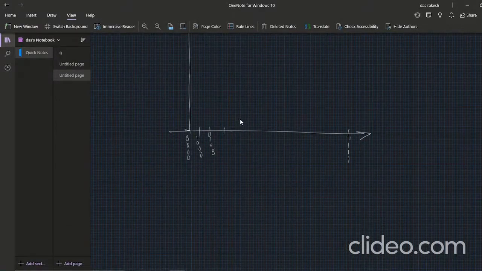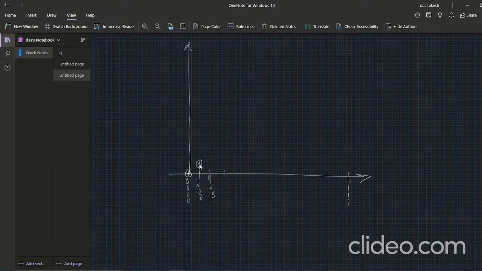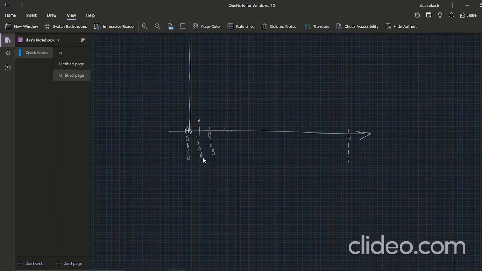That means here we put the value V0. It is not equal to 0 for the next input, because this is minus 0.5. So basically this is not in this direction, this is in the negative direction. That is the negative output voltage, because it's an inverting amplifier, and the next one is higher, then the next one is higher, and so on.